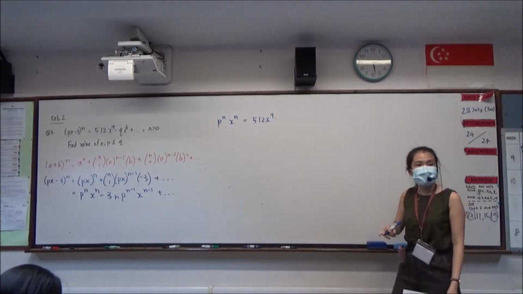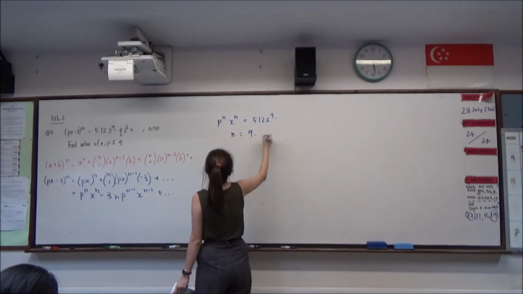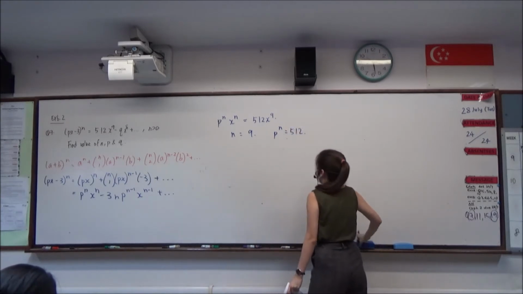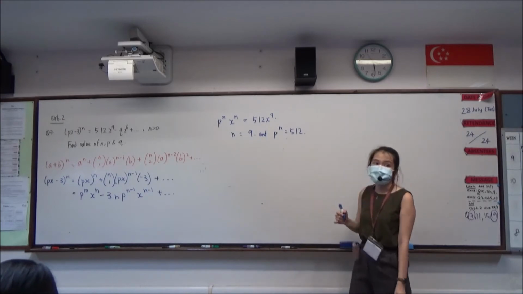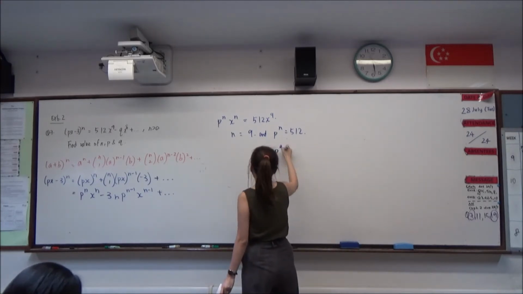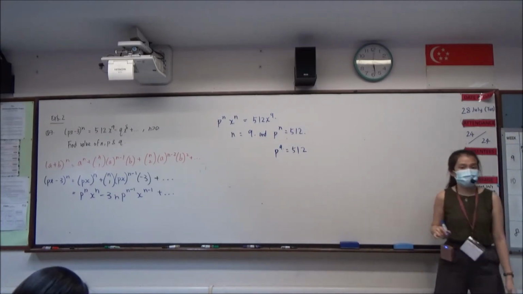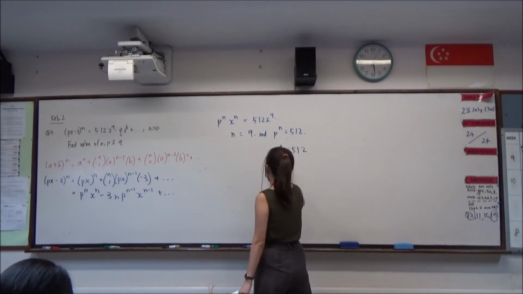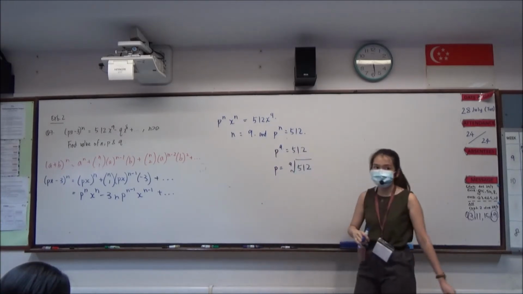By comparison, I will be able to see that n has to be equal to 9 and p to the power of n is equal to 512. Since I know that n is 9 already, p to the power of 9 is equal to 512. Then p will have to be the 9th root of 512.